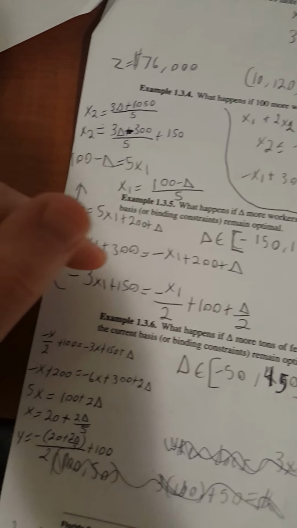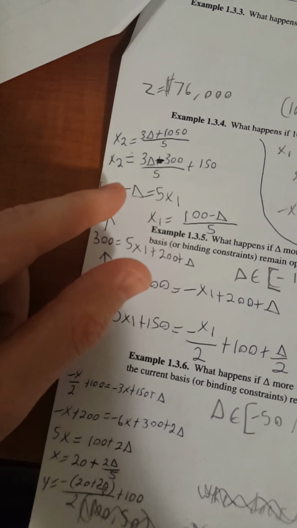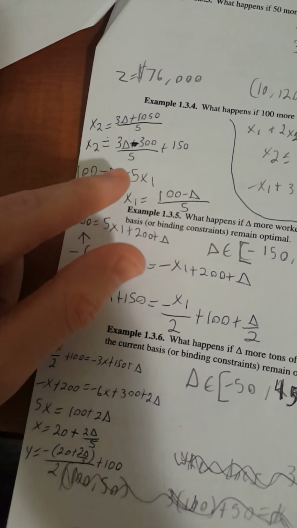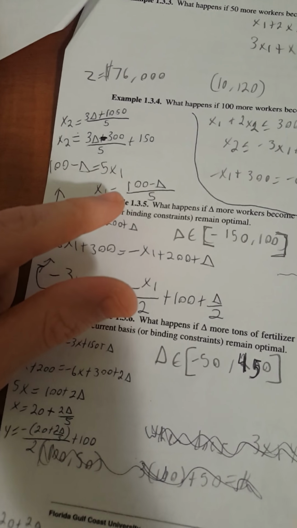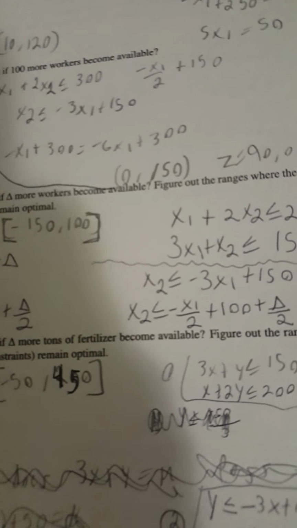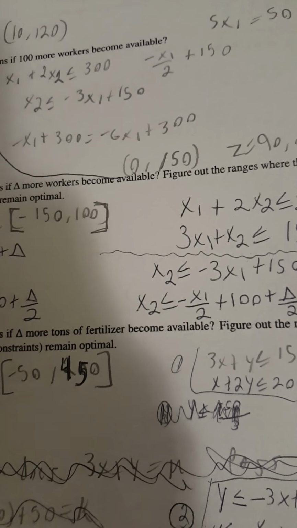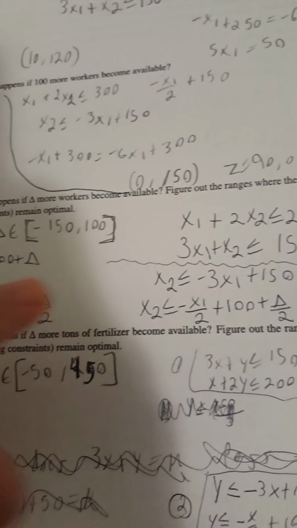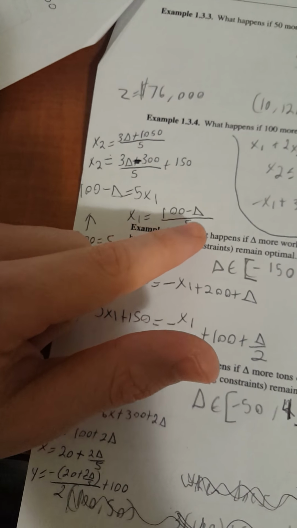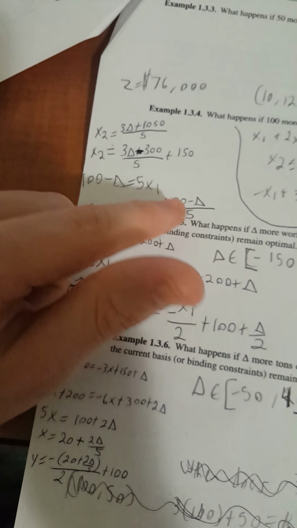So x2 equals 3 delta minus 300 over 5 plus 150. Notice I just took the 100 minus delta over 5 and multiplied it by negative 3. So that becomes 3 delta minus 300 over 5 plus 150.